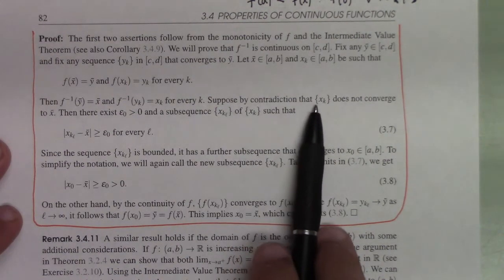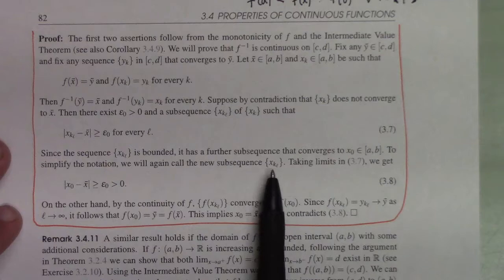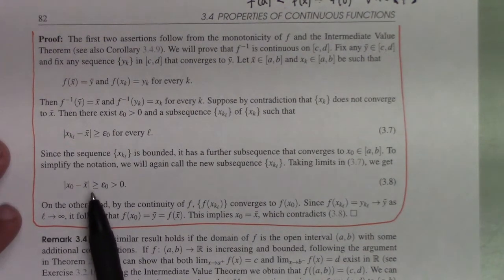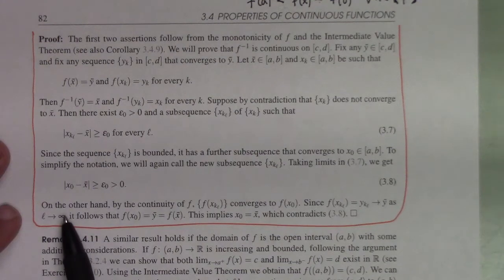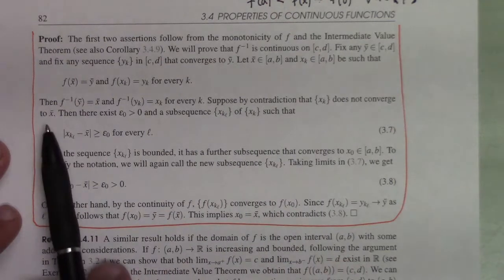Let's see here, x bar. Suppose by contradiction that xk does not converge to x bar. So we had a subsequence, and x naught is not equal to x bar. I guess that's the contradiction, because it was a sequence that does not converge to x bar.